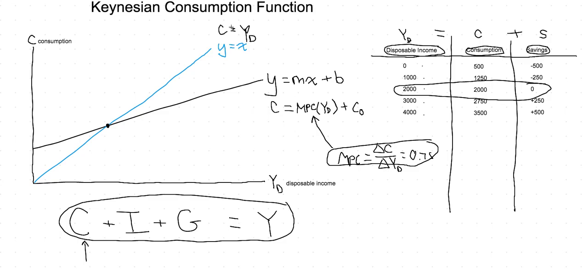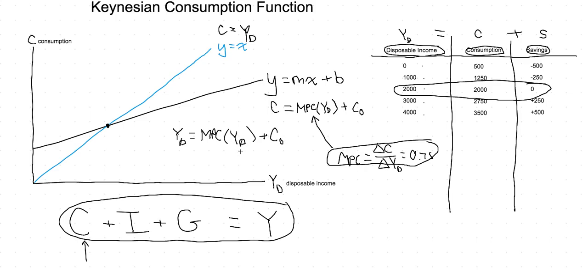You see these c's over here, you set these equal to each other, and if you do that, you'll get y sub d, disposable income, equals marginal propensity to consume multiplied by y sub d plus c naught.